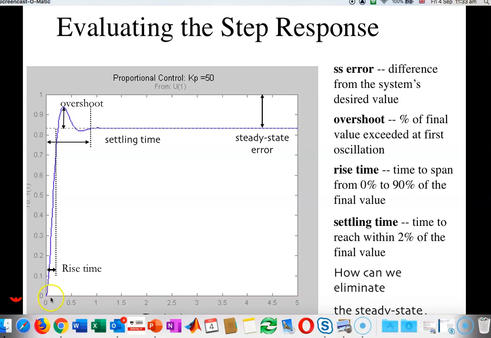In this case, I want your output to start from 0, go to 1 in an instant, and keep that value there. Okay, so this is a 1. This is what I want the system to do. And I want the system to do that from 0 to 1 in an instant.